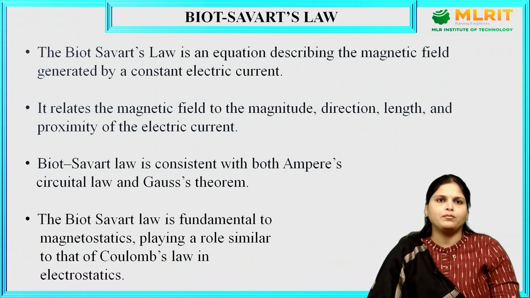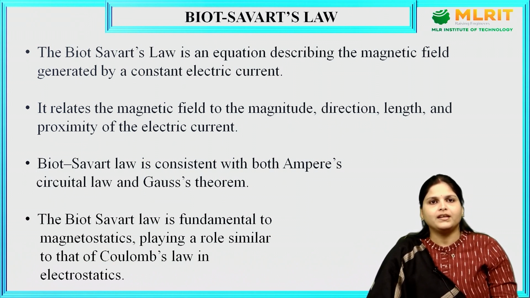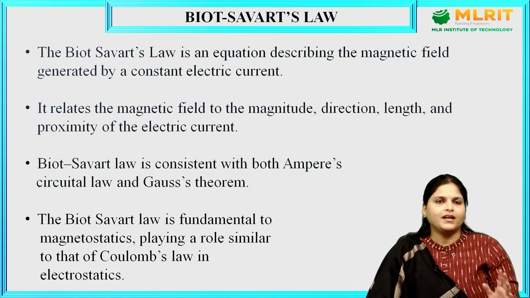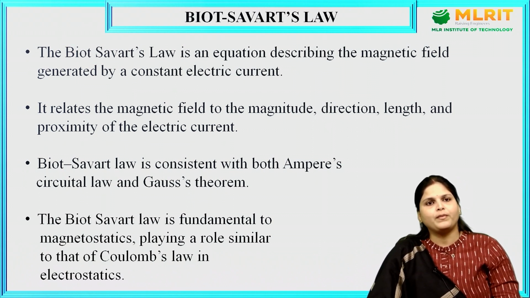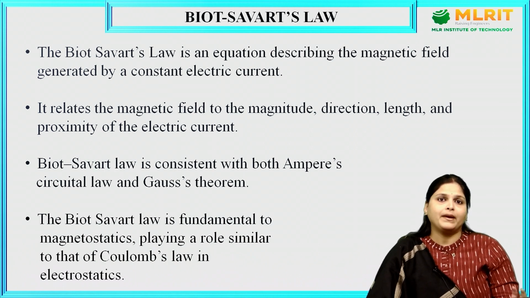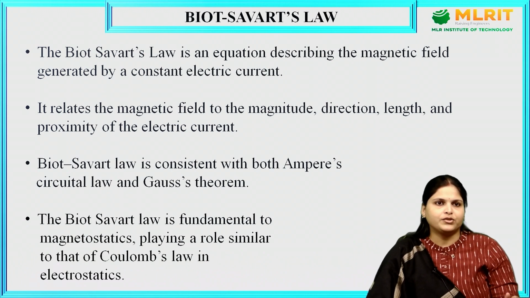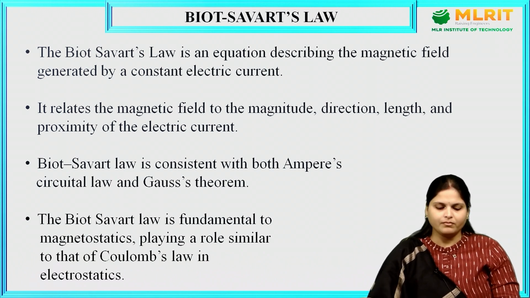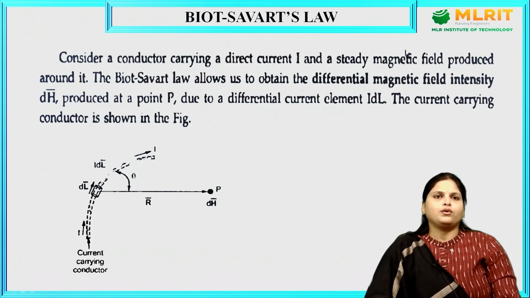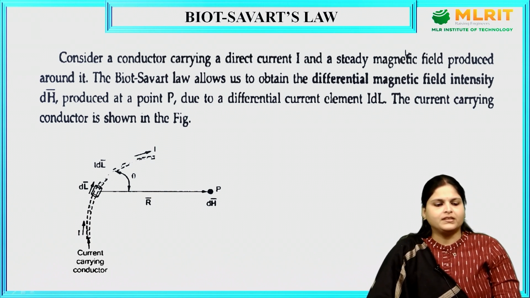Gauss theorem is the same one which we discussed in electrostatics. Another point which we must know is that Biot-Savart's law is fundamental to magnetostatics, playing a role similar to Coulomb's law in electrostatics.